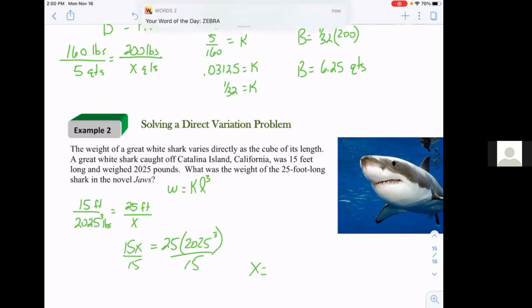That does not seem right at all. Oh, there we go. I have to remember this is x cubed. So x cubed is equal to some large number. And then we have to cube root.